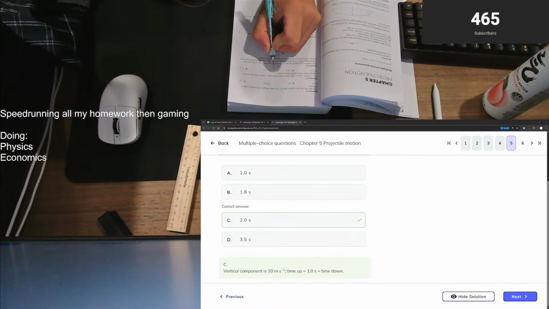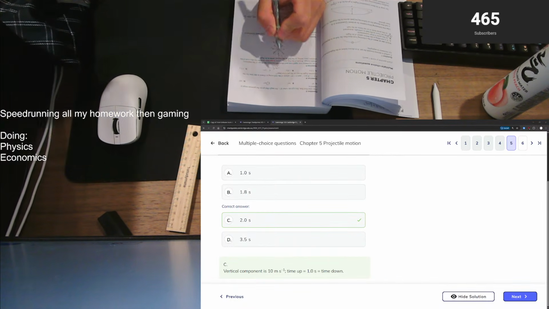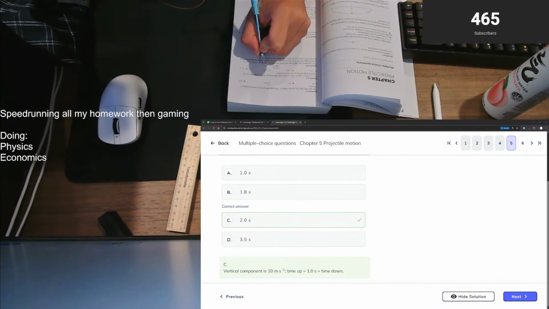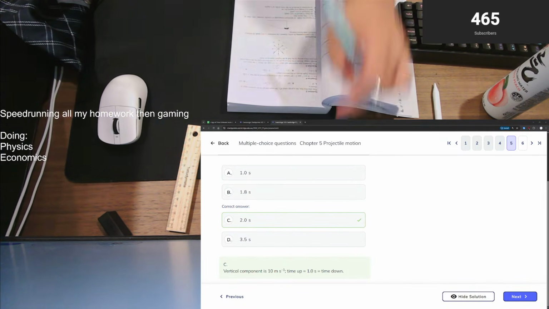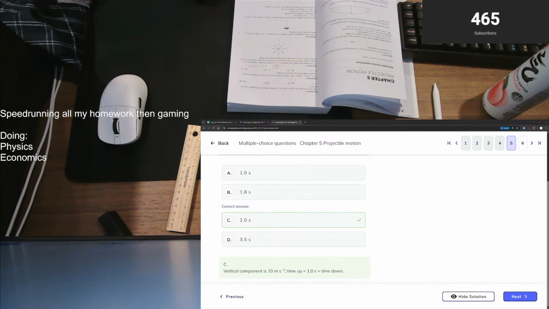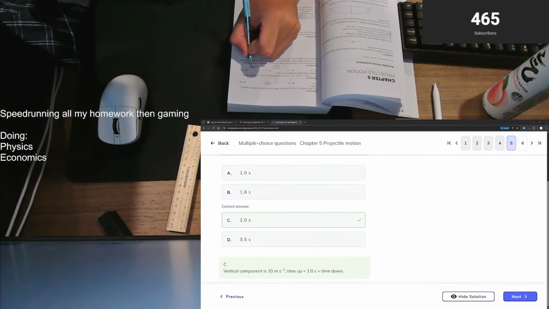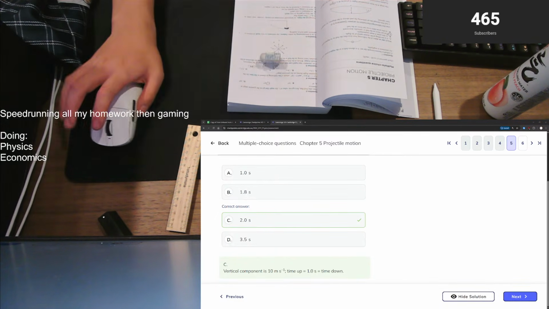Okay. This is vertical component equals 20 times sine 45. No, sine 30.